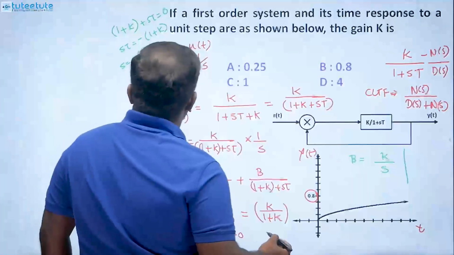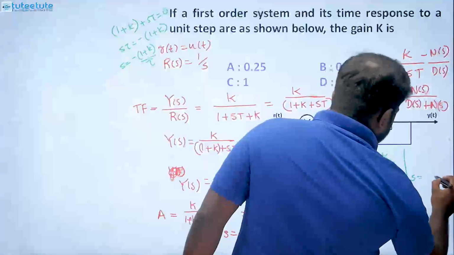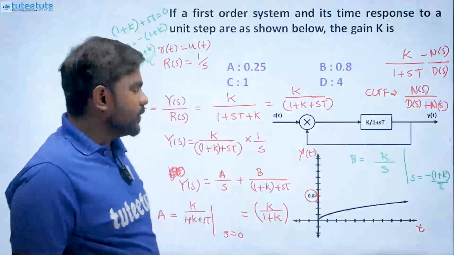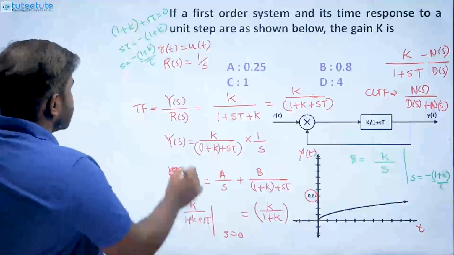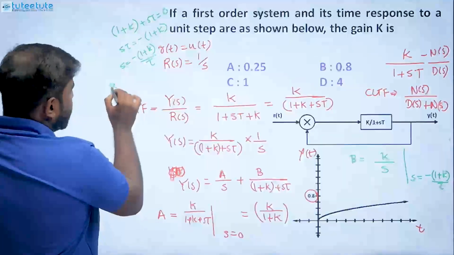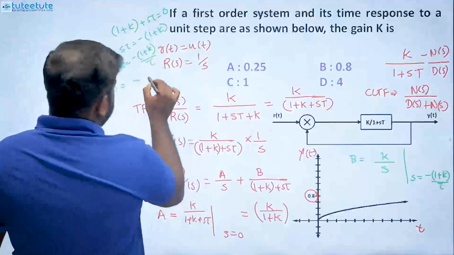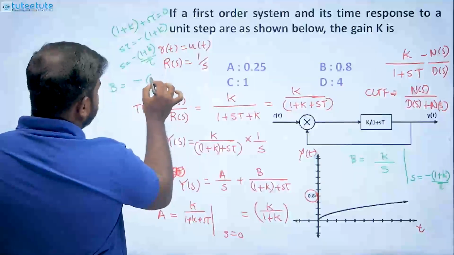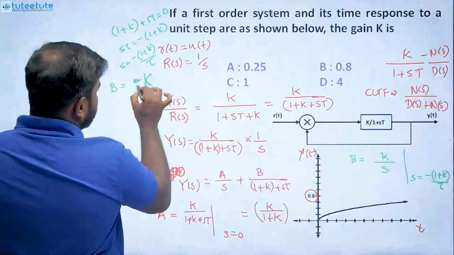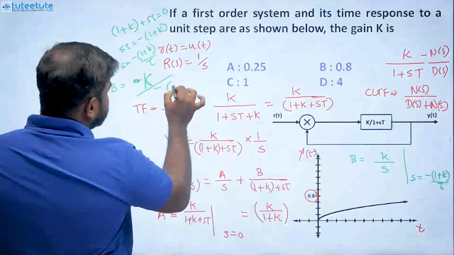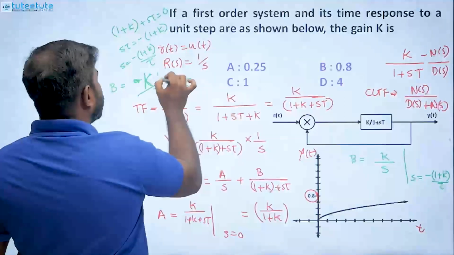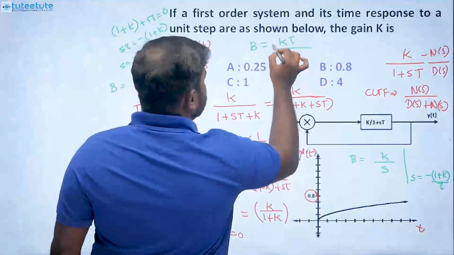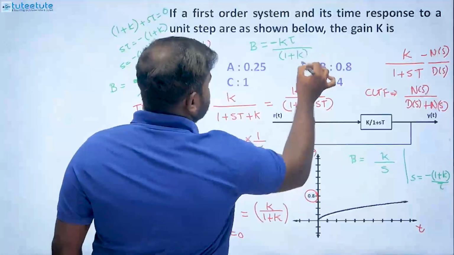Now what you have to substitute? s equal to minus of 1 plus k divided by tau. Okay, so B would be looking like this: you will have k on the numerator divided by s, which is minus 1 plus k, and this tau goes to the numerator. So B will be nothing but minus k tau divided by 1 plus k you will get.